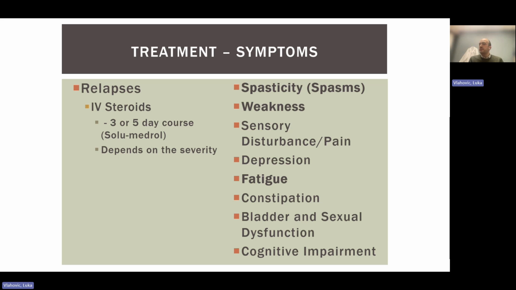For sensory disturbance, if there is nerve pain, there are different types of neuropathic pain medications. And going down the list, there are different options for different symptoms that we can use.